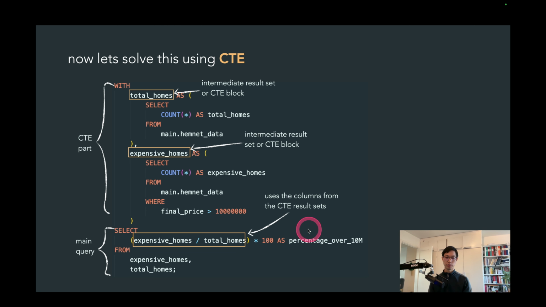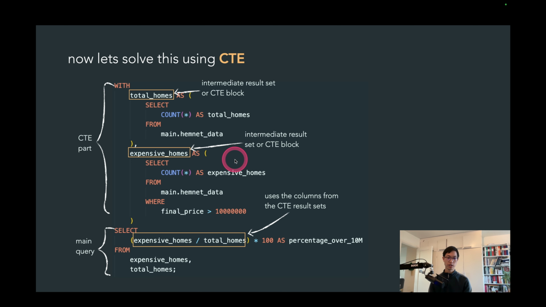This uses the columns from the CTE result sets. So if you just read the main query, it is really readable. Expensive homes divided by total homes. I totally understand that. Then the question is, where do expensive homes and total homes come from? Well, they come from the CTE blocks expensive homes and total homes.